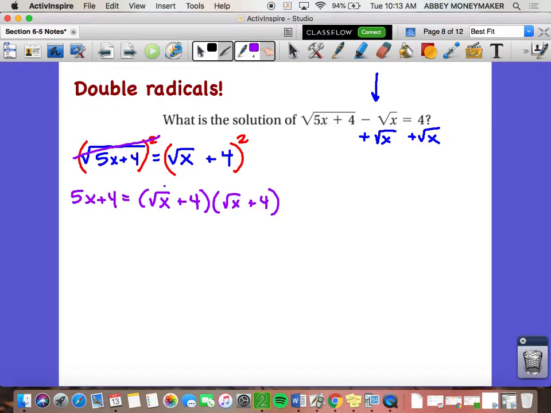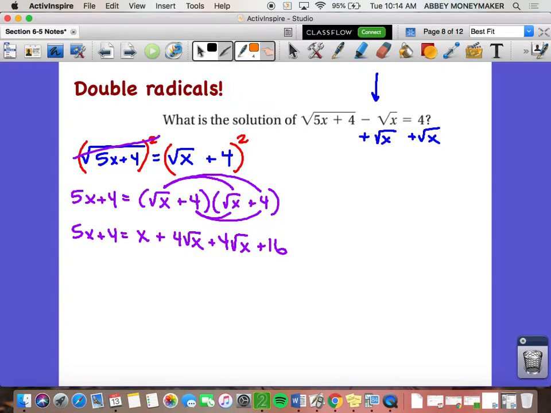So here we have the square root of x times the square root of x. That gives me just x, because that's the square root of x squared. Plus the square root of x times 4 gives me 4 square roots of x. I have another plus 4 square roots of x, and then 4 times 4 gives me 16.